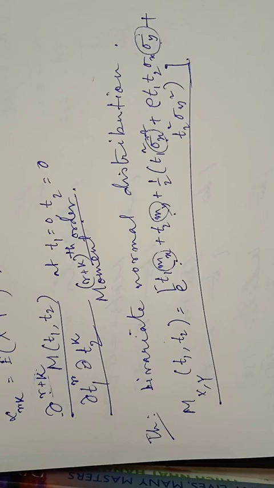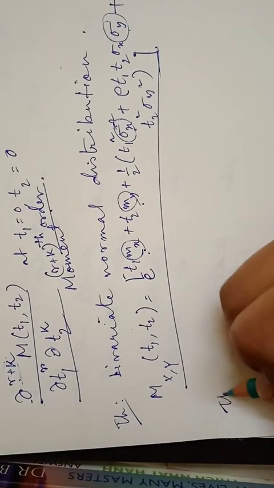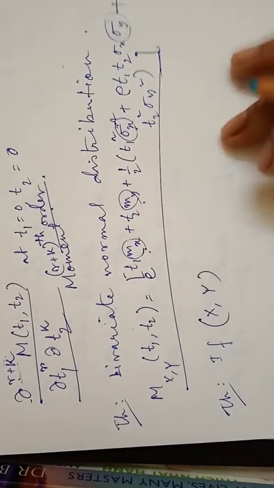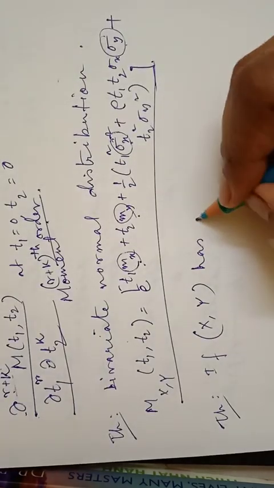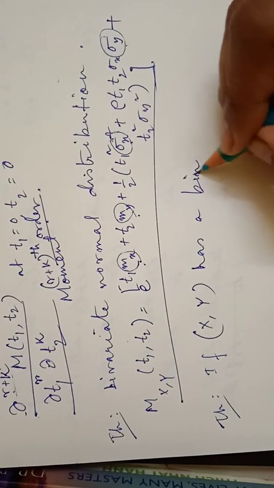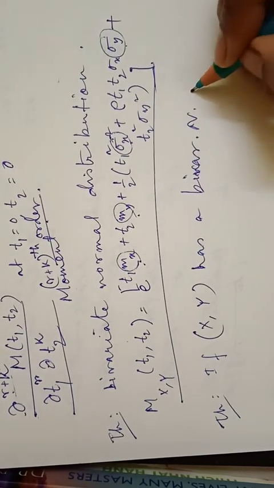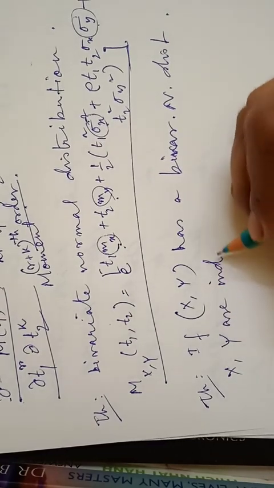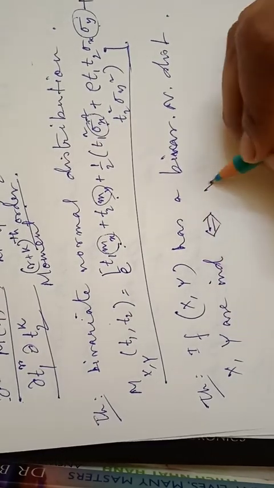Now the next theorem is: if X and Y have a bivariate normal distribution, then X and Y are independent if and only if X and Y are uncorrelated.